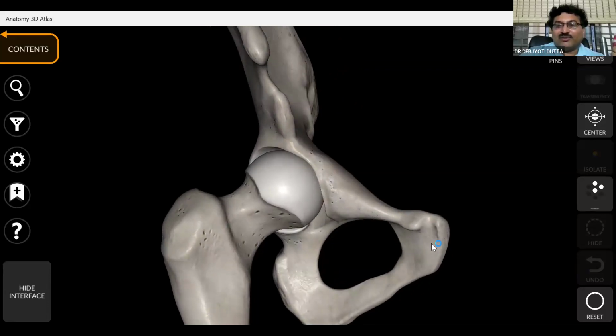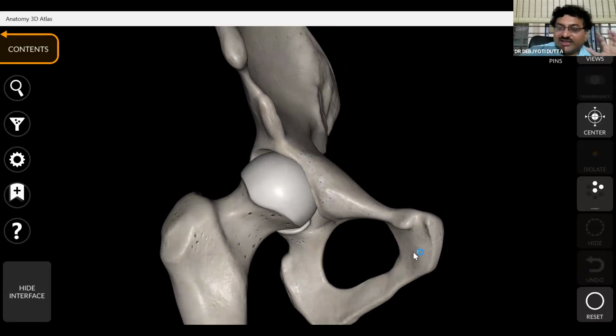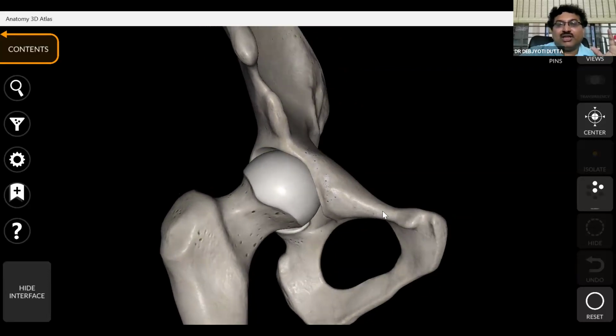Then the body of the pubis, which attaches with the symphysis pubis. Basically, the symphysis pubis is a cartilage, but the body of the pubis attaches with it, and this is the inferior pubic ramus. So just remember these anatomical landmarks as they are important for understanding the hip joint.